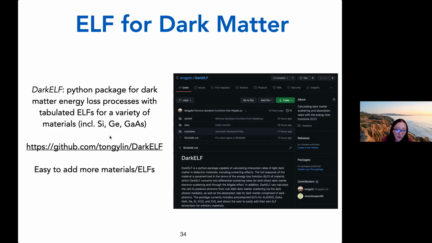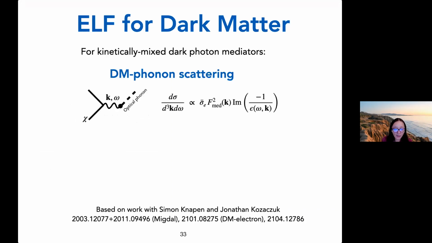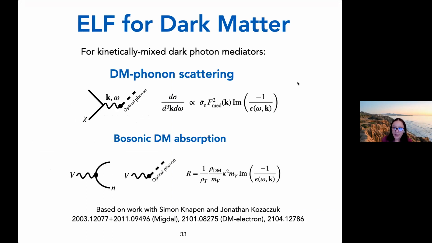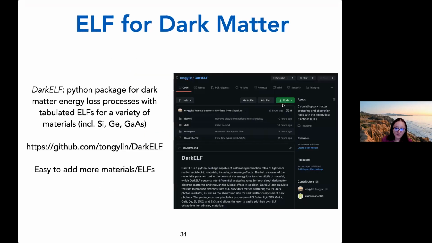We're starting to add more, that's ongoing, but right now it definitely has silicon and germanium. And depending on your needs, it has some others, but feel free to get in touch if you're interested in that. It also has the existing processes I described here already, but you can modify them if you have other kinds of dark matter models. So we just want to make it easier to consider the phenomenology of dark matter in these experiments.